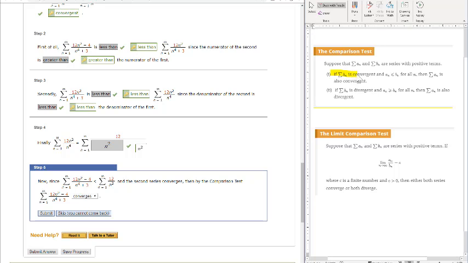So it's like b sub n, it's like the 12 over n squared, which we know converges, and then b sub n is bigger than a sub n. So a sub n is less than b sub n in this case. And so the original series A is also convergent.